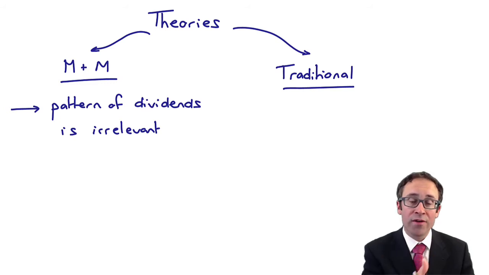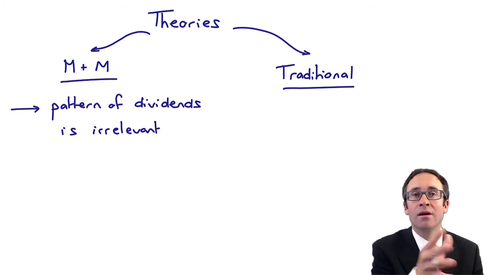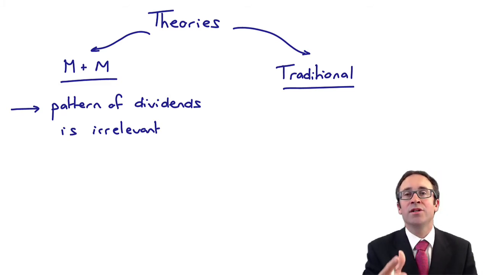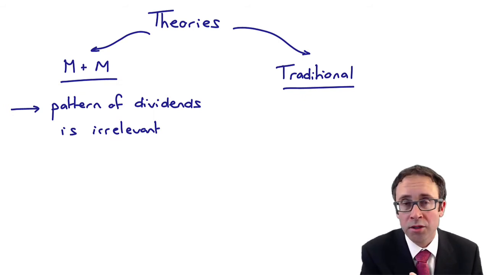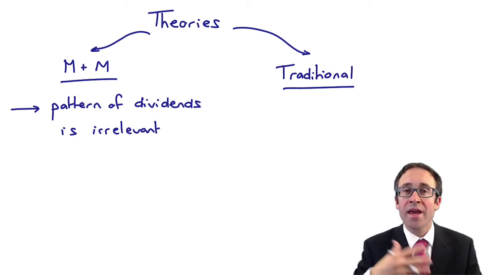So if you can find something to do with the money that's been generated from the earnings, invest it, but invest it to give the shareholder the required rate of return that they require. And if you're giving the required rate of return that the shareholder requires, then fine, they will be indifferent.